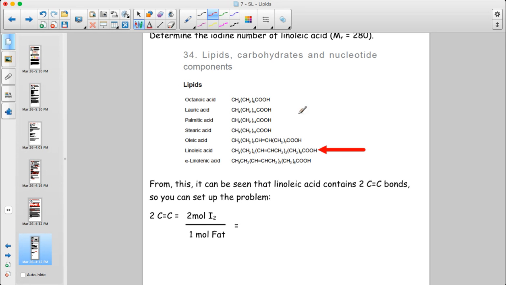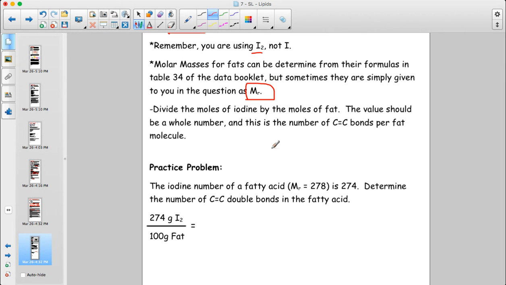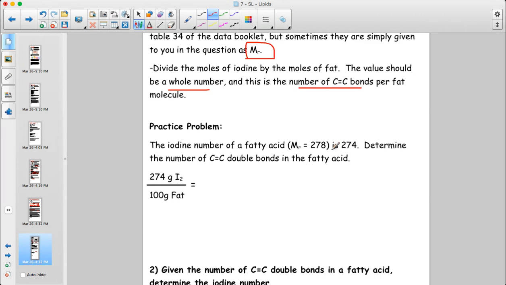These are their formulas. So with a little math, you could figure out their molar masses. And if you divide the moles of iodine by the moles of fat, you should end up with a whole number as your answer, which is the number of C-to-C bonds per fat molecule.